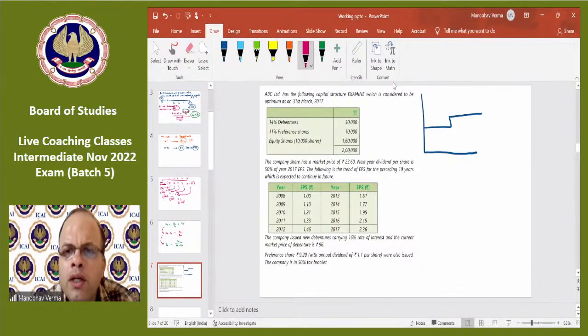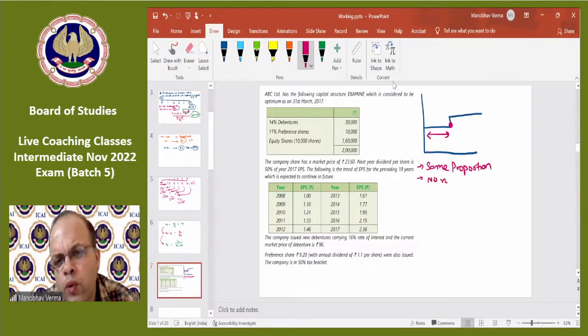We are talking about this particular point when there is a new issue being sold. So till this range, whatever I'm doing is for expansion purposes, I'm keeping the same capital proportion.